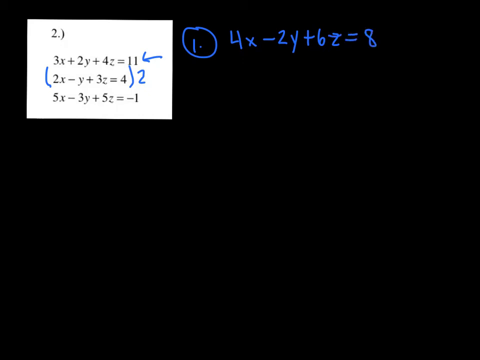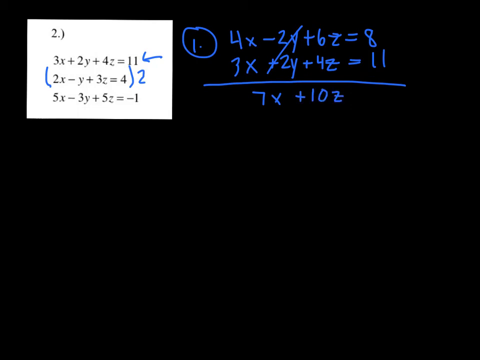And we're just going to use that first equation, 3x plus 2y plus 4z equals 11, to eliminate those y's. So combine them and you get 7x, y's eliminate. 6 plus 4 is 10z equals 88. First elimination done.